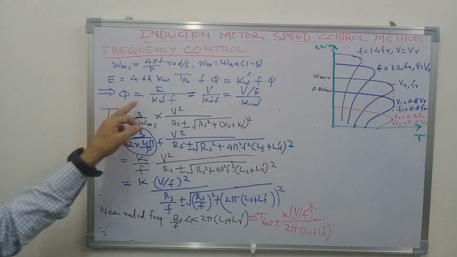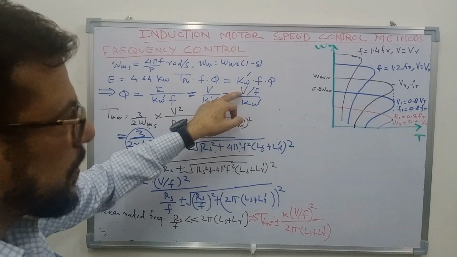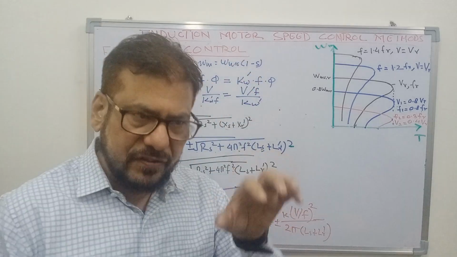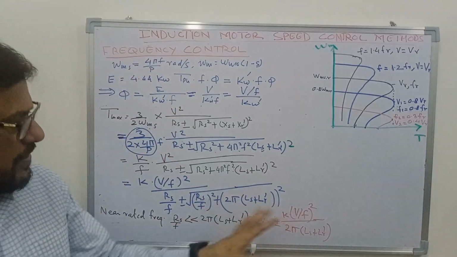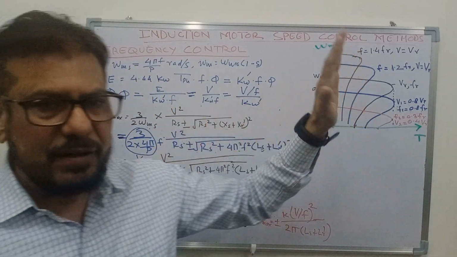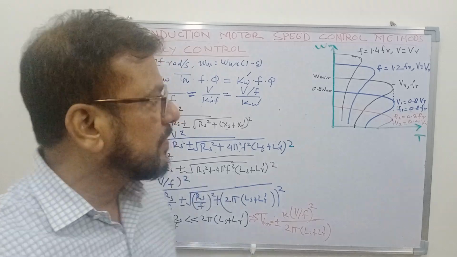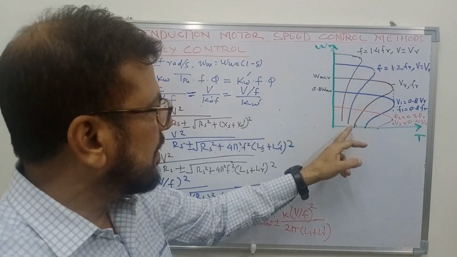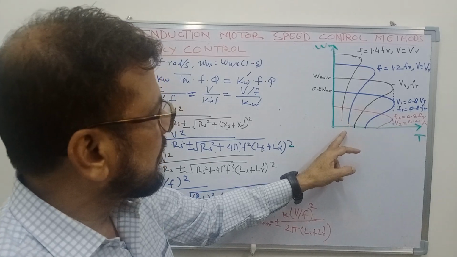This means that if we increase the frequency, keeping voltage constant, the flux will decrease. So once the flux decreases, and you can prove it from the equations also, the maximum torque will decrease. So the maximum torque I have shown here is like this, and the starting torque is also less.